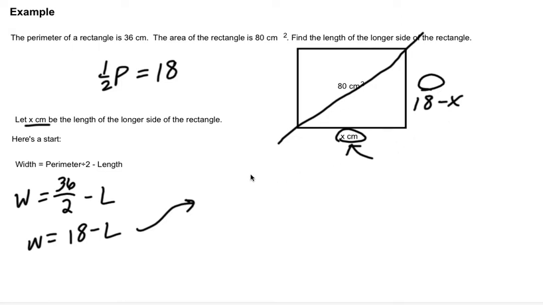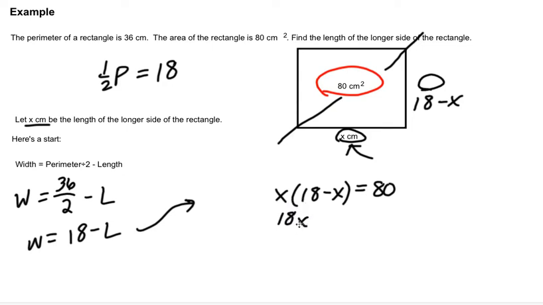So now to set up my quadratic equation, I know that the area is 80 square centimeters. So setting up my equation, I'm going to have x, which is over here, times 18 minus x, and that's going to equal 80 because area is length times width.